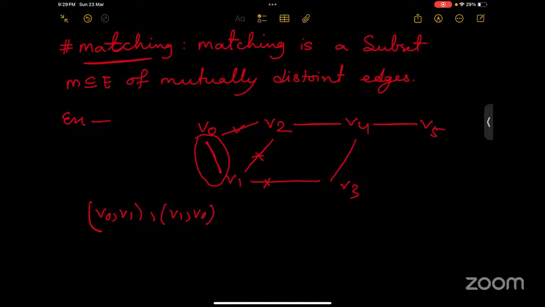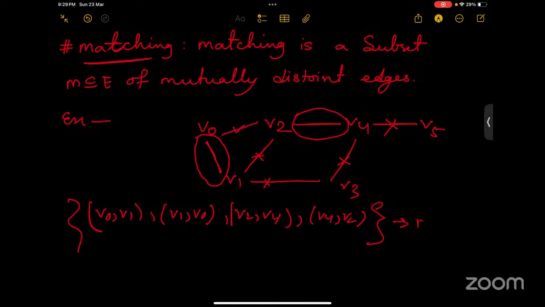If I take V2, V4, then we cannot take these two, because they again have intersections. So this is a matching. Clear?